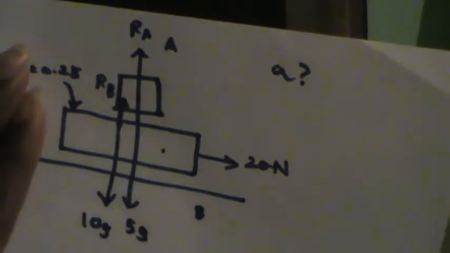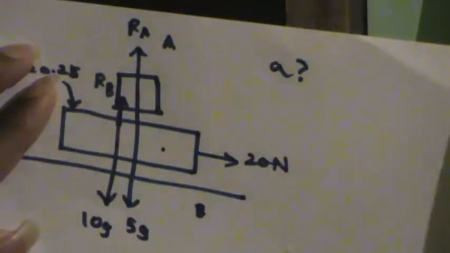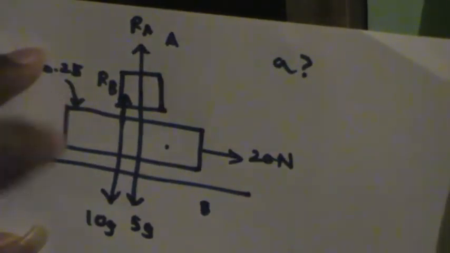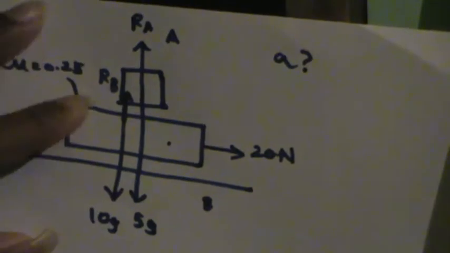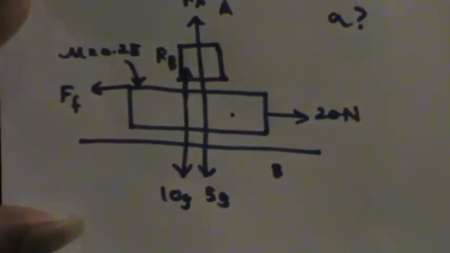So this top object will not allow this object to move like this. What actually happens is that the top object will apply a force of opposition on this object so as to stop it. That will be the friction force between these two surfaces, acting in this direction. I'll take it as Ff because there is only one friction force.